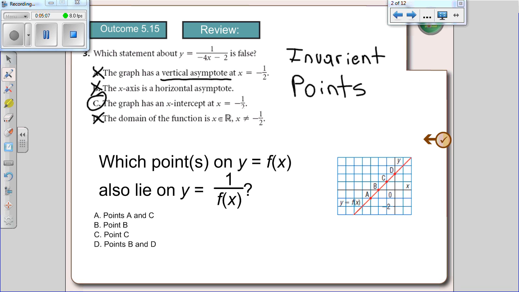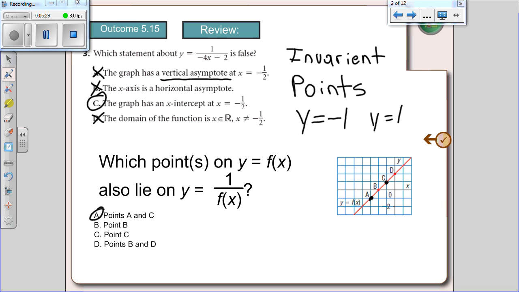Yeah. They're always found at y equals -1 and y equals 1. So if we look at this original graph, y equals -1 here at A, and y equals +1 here at C. So those would be your two invariant points when you go to graph the reciprocals. So A would be our answer.